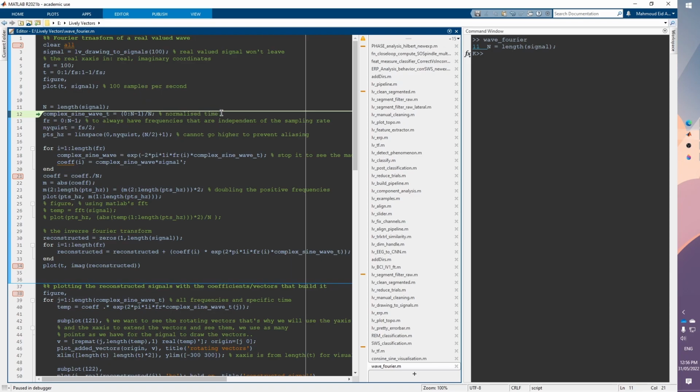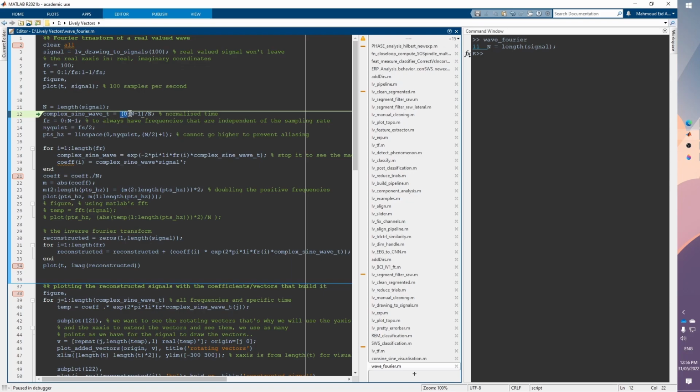So here we are trying to normalize the time. Instead of creating the time vector of the complex sine wave from, let's say, 0 to 10 or anything else, and stepping by the sampling rate, we want our transformation to be very general. So we don't know what the sampling rate is, and we don't care what the sampling rate is.